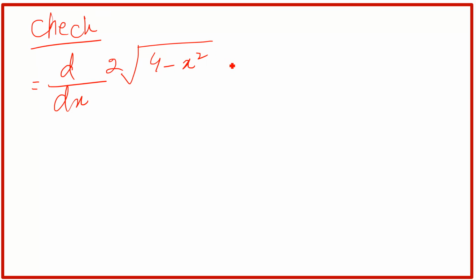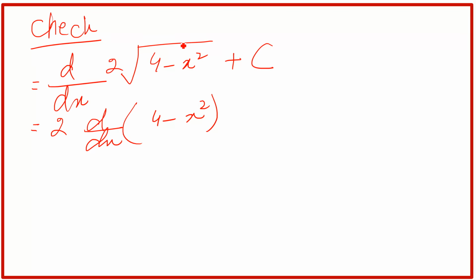2 times the square root of 4 minus x square plus c. Here we will take the derivative. This is 2, 2 will remain the same. d by dx of 4 minus x square. Instead of this under root, I can write this power, right? And then d by dx plus c. We have to take the derivative of this.